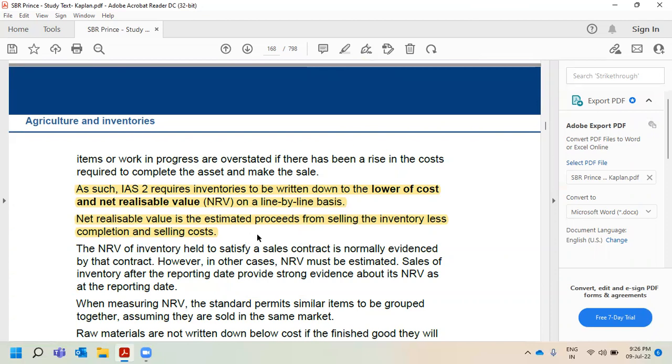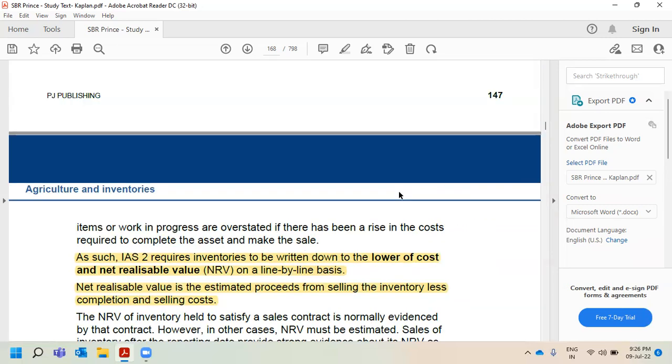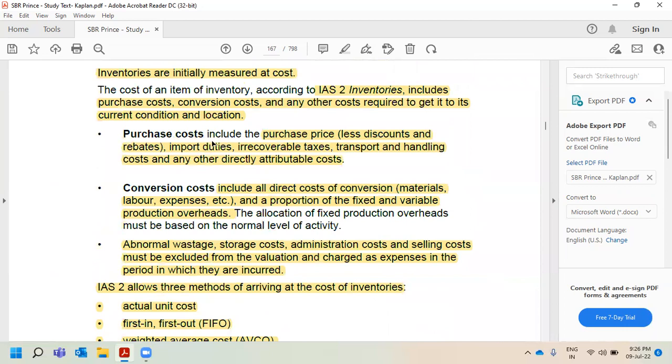For example, we have manufactured the fruit juice and now we have to value it at the lower of cost and NRV. Cost is the purchase price, which includes the purchase cost of the raw material, which is my mango, and second, the conversion cost, whatever cost I have incurred to convert it into juice.